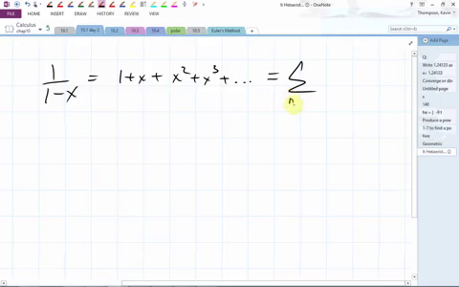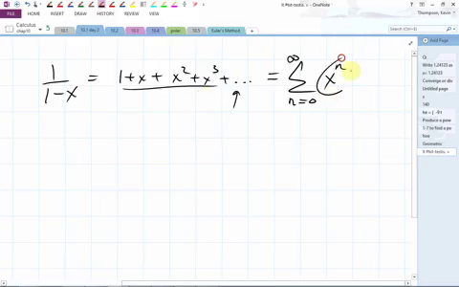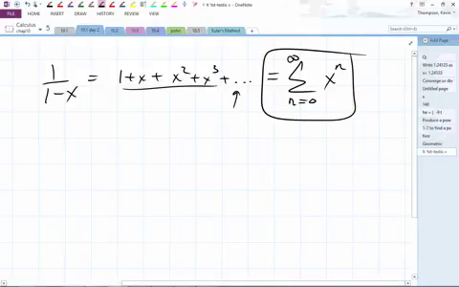So we'd say here the summation from n equals 0 to infinity of x to the n. And this is kind of a creative step, where we're just trying to find what exponent we should put here. If you think about it quickly, x to the 0 is 1, then x to the first, x to the second. So this is another representation of the power series here in summation notation.